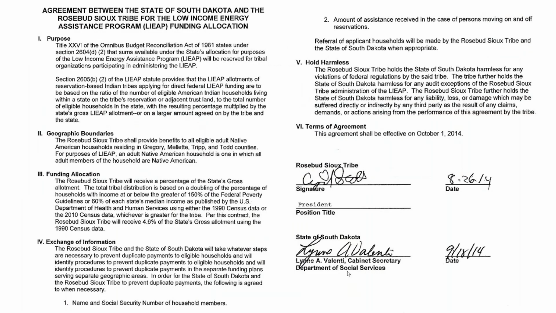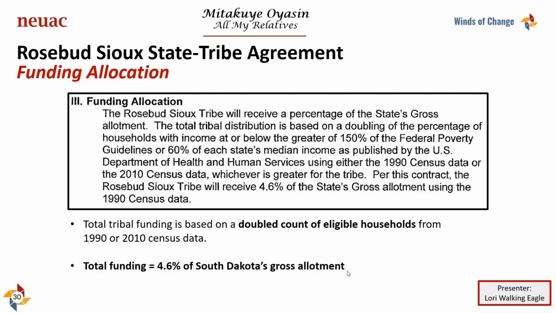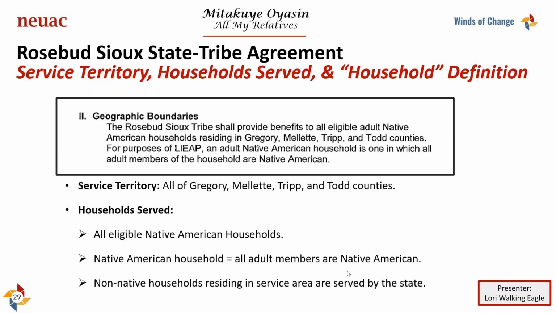And I think you guys all have a copy of our state tribal agreement. And the geographic boundaries, we assist all Native American who identify as Native American. We assist all families that identify as Native American in the Gregory, Millette, Tripp, and Todd counties.